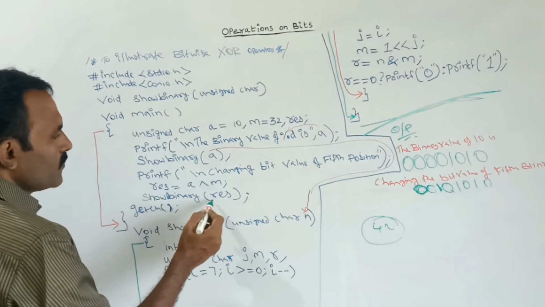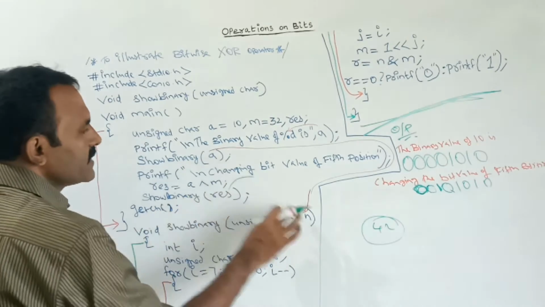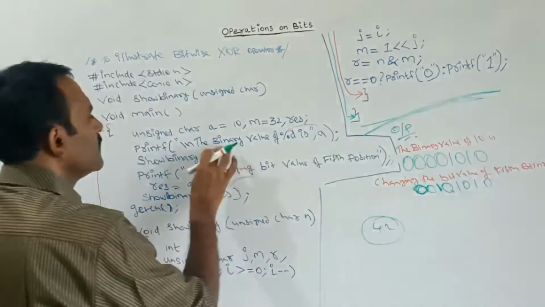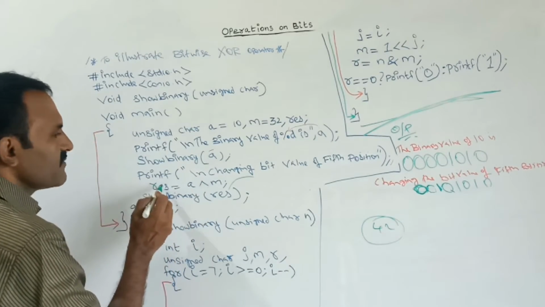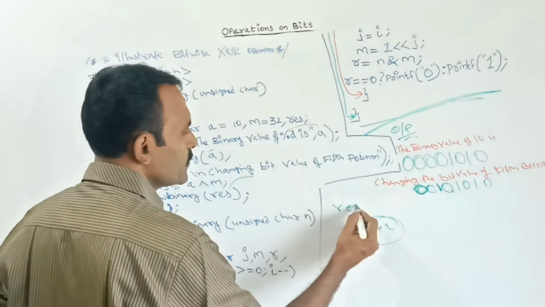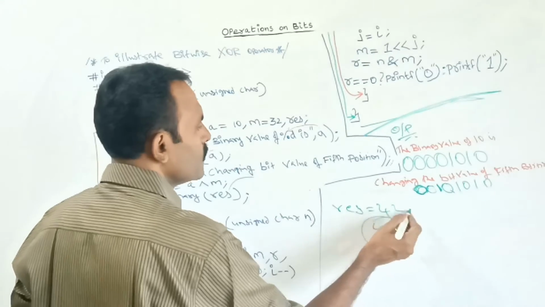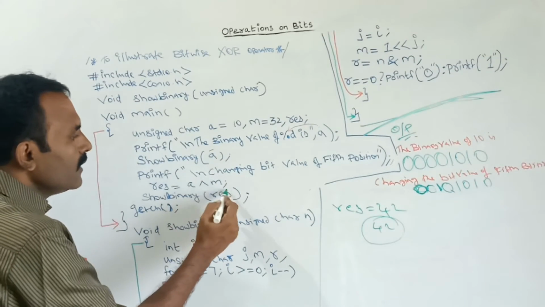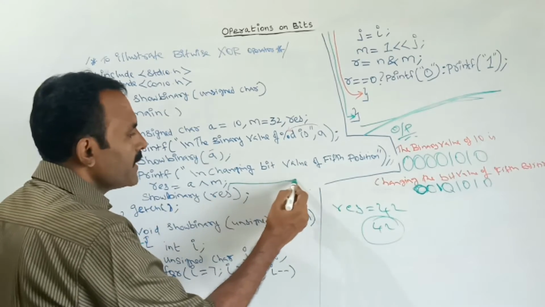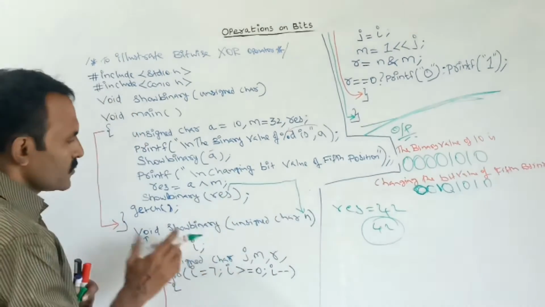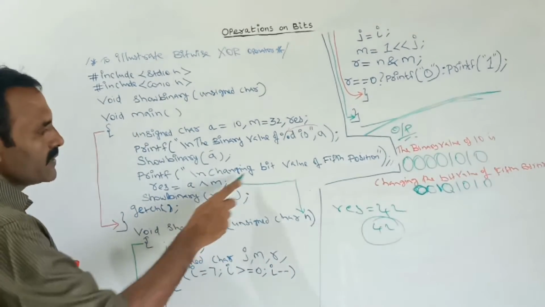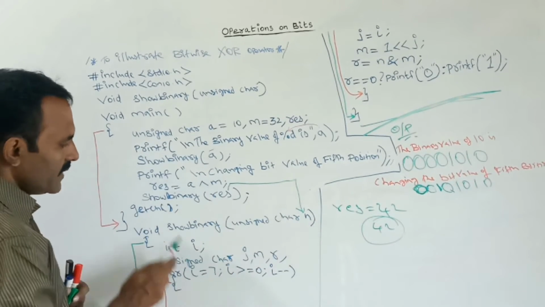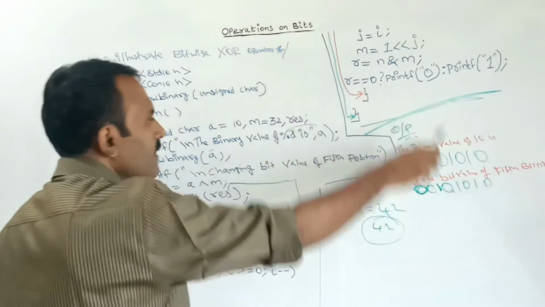Next, in the SO binary step, this decimal value, after returning back here, what is the RES value? RES value is equal to 42. Next SO binary, I am displaying the binary value of this 42. So again this 42 is passed to the n value, and again this process will happen.